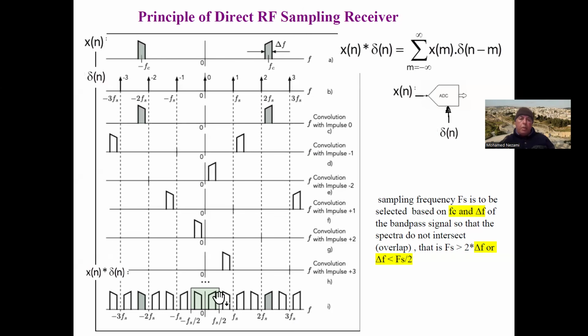Now, what happened is when you convolve these here, the subsampling, you get the same information, even though it's a lower sampling frequency than the carrier itself. You get them distributed over the Nyquist zones, which we defined in the last lecture.